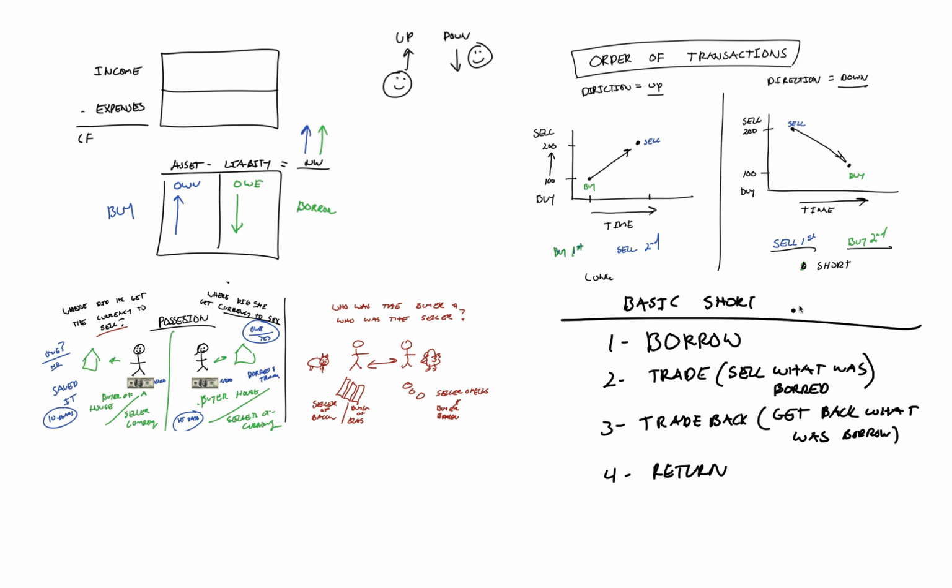So you can see why the long position was pretty easy, because you buy low, sell high. You buy it, you own it, it goes up, you sell it. People do that every day, but shorting is the opposite of what people are used to doing. Everything's opposite. It's going down instead of up. You're selling first instead of buying first. So there's a lot of oppositeness in here. Okay, buy low, sell high, got it. Buy first, sell second, got it.